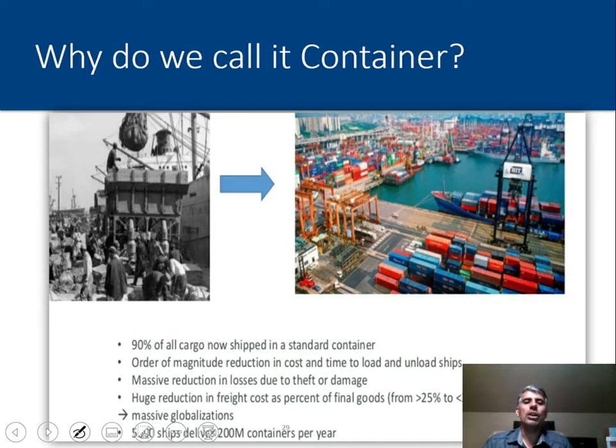Items can leak from one to another, and there were more risks in shipping them. The modern approach, however, is to put the goods in different containers, give them some isolation, and protect them from each other. So the name container comes from this idea that we can put different packages within different containers.